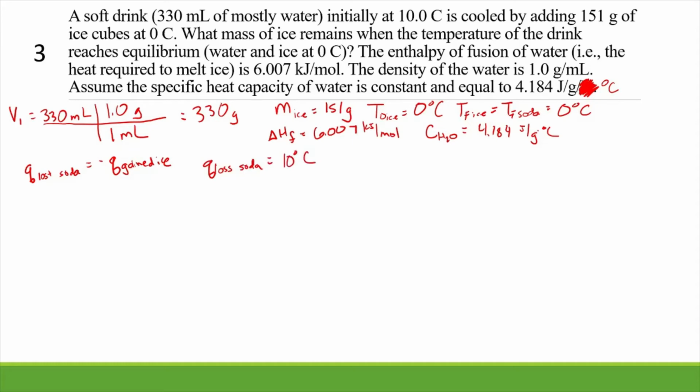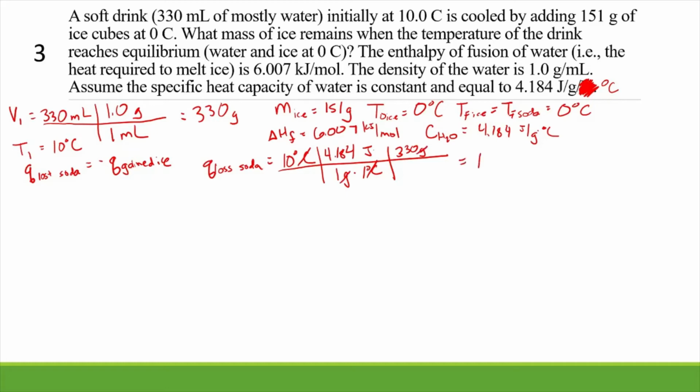That was the other thing we were told, T1 for the soda is 10 degrees Celsius. And we know that it has a specific heat of 4.184 joules for every 1 gram times 1 degree Celsius. So that gets rid of our degree Celsius. And we also know we have 330 grams that we converted earlier, so that gets rid of the grams here.